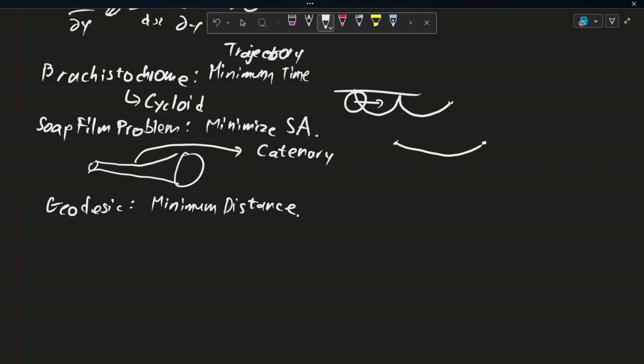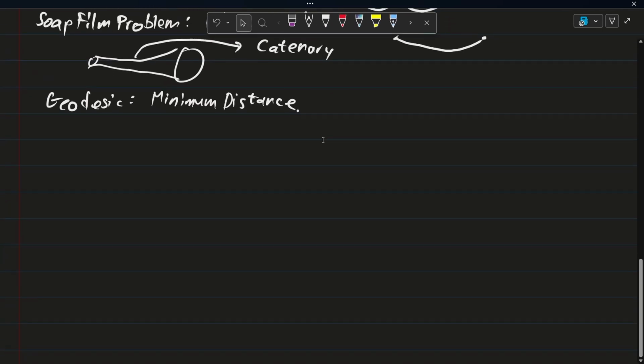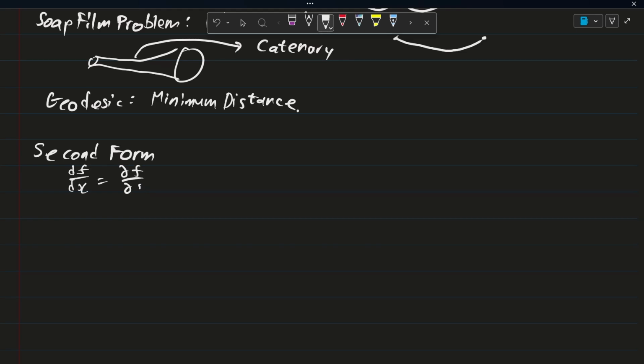There's another way for us to write Euler's equation, and this is where the second form comes in. The second form starts with the definition of df over dx, which is partial f over partial y times partial y over partial x, or just y prime, plus partial f over partial y prime times partial y prime over partial x, which is basically y double prime, and lastly, partial f over partial x.